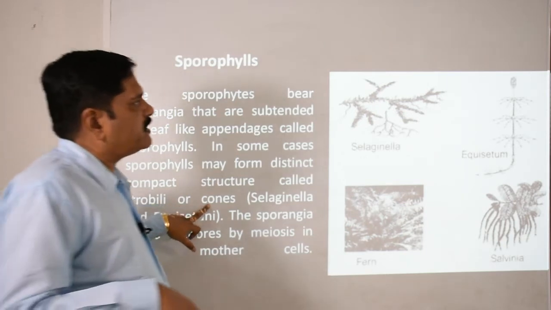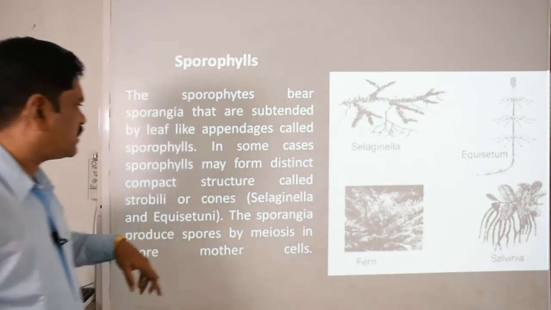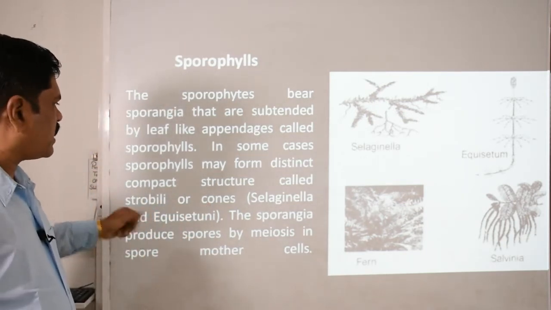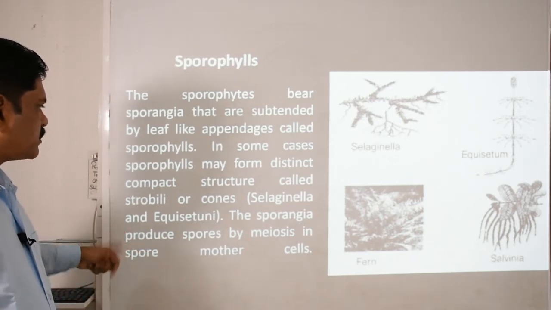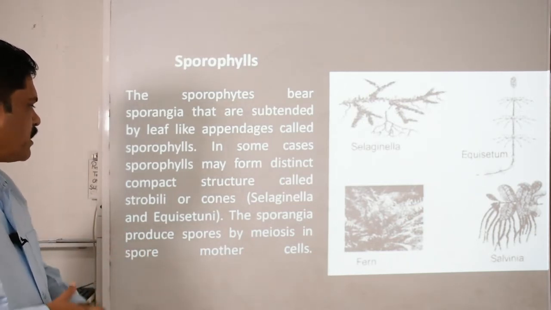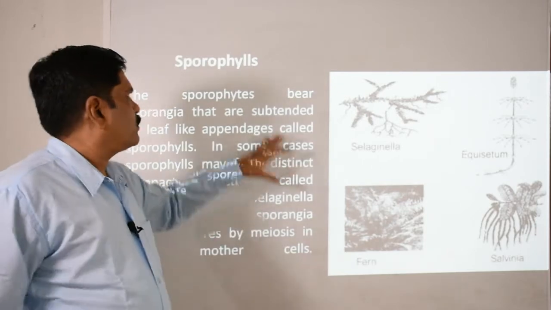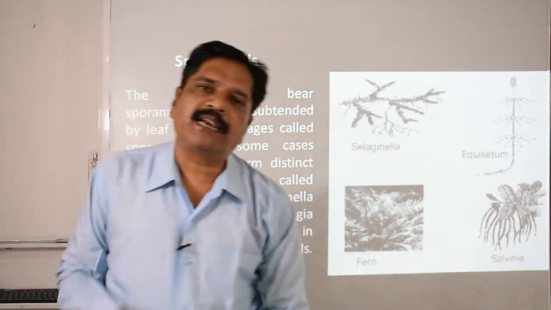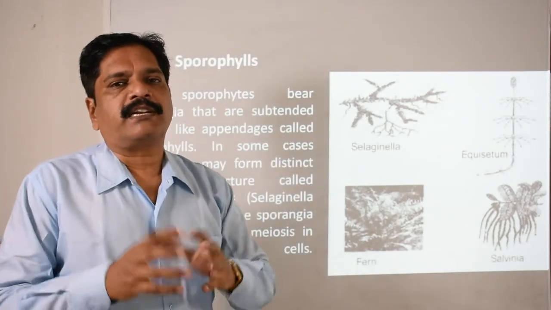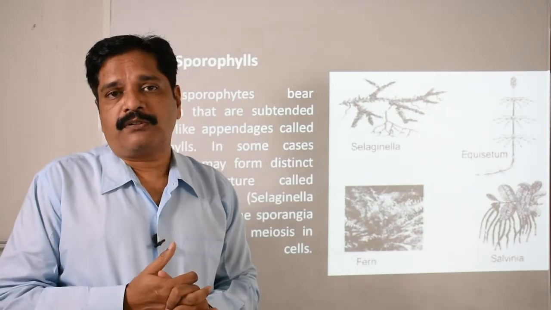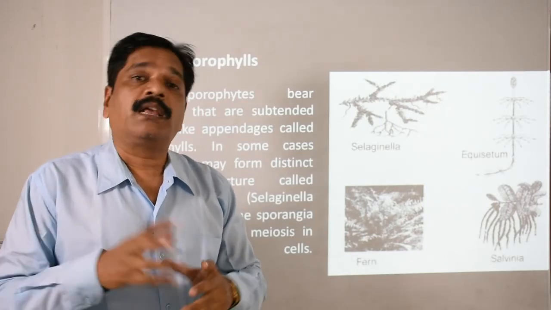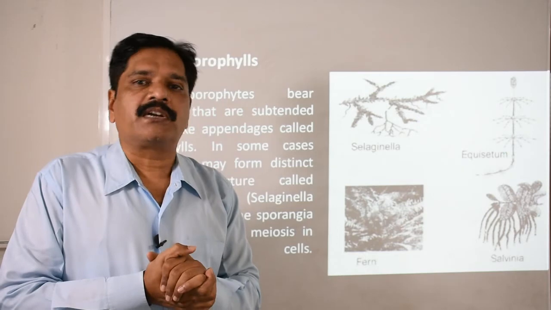Clear? You can see that Selaginella and Equisetum have these strobili and cones, and the sporangia produce the spores by meiosis in the spore mother cell. So these sporophylls are basically diploid in nature. Later, at the time of the formation of the spores, they undergo which division? Reductional division.